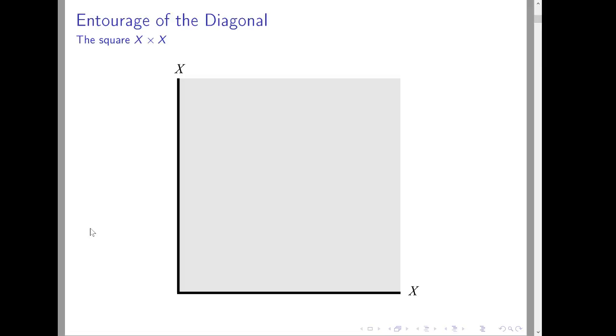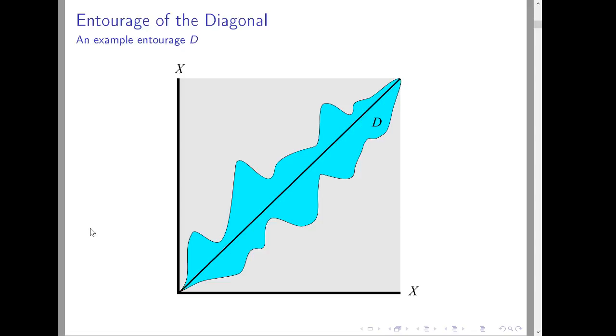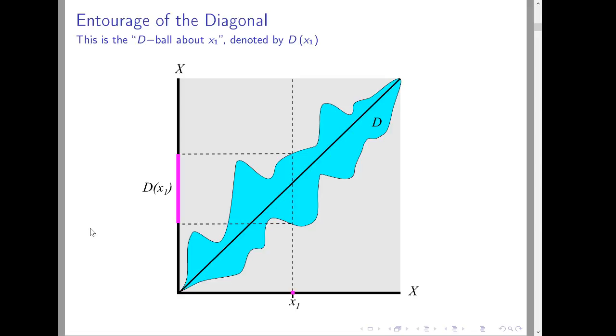That's supposed to be a picture of the square of a space, so X cross X. So that would be the diagonal. And you can picture an entourage as simply a set that contains the diagonal of X. All right, and what we can do with these is use these entourages to create subsets of the set X by fixing a point x1 in the space and then collecting all the points whose first coordinate is x1 and whose second coordinate lies in D. So just like this picture, the magenta strip on the side is the D ball about x1.